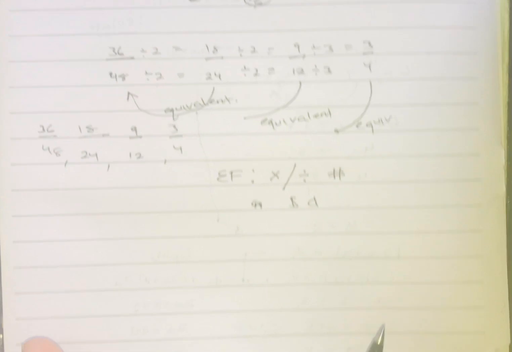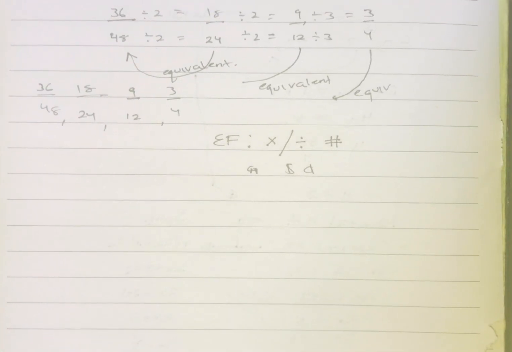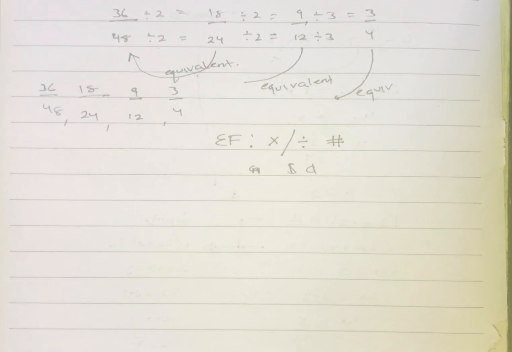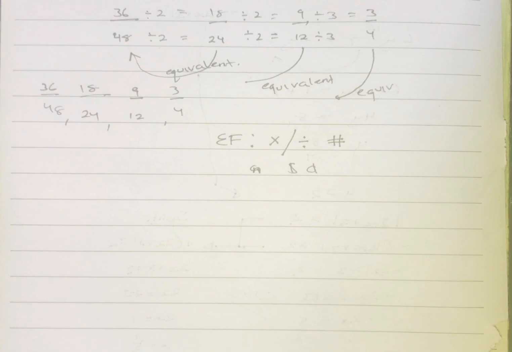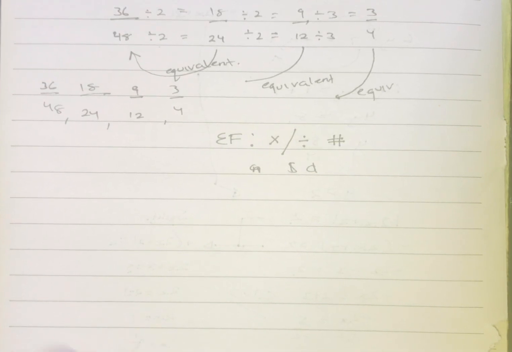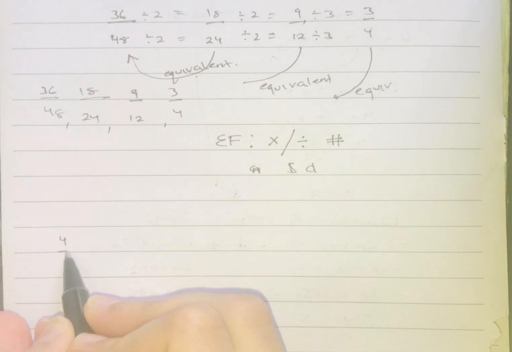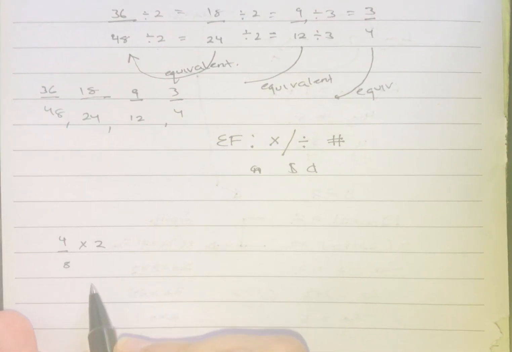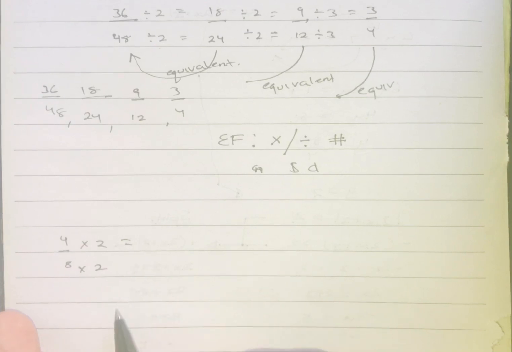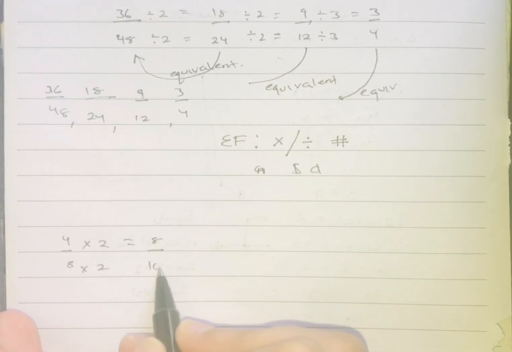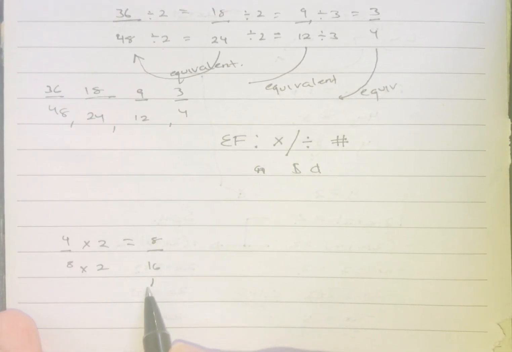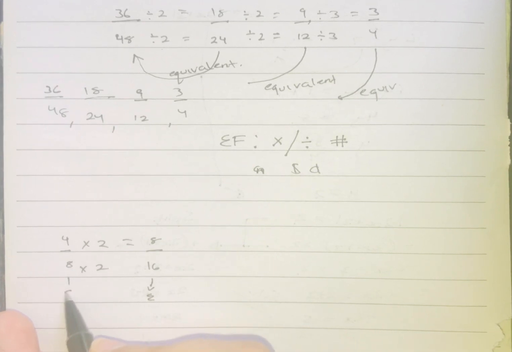Now let's look at an example of how to get equivalent fractions by multiplication. For example, we have 4 over 8, times 2 times 2. You're going to get 8 over 16. This is an equivalent fraction to this one.